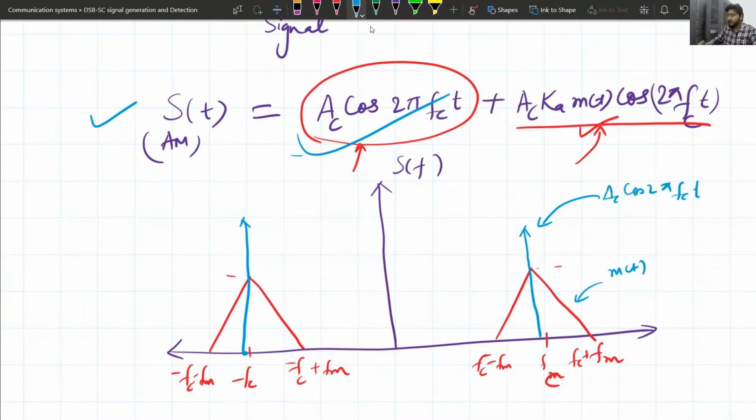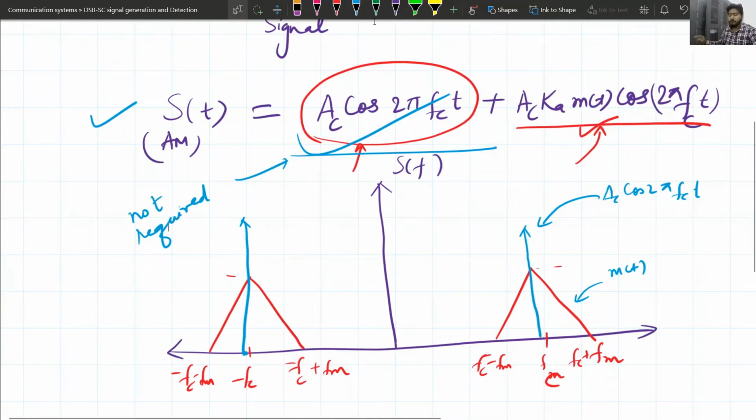So this signal is not required. But during the amplitude modulated wave transmission, both these components are being transmitted.